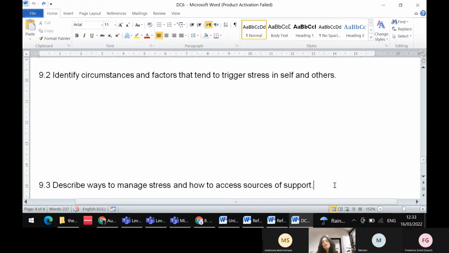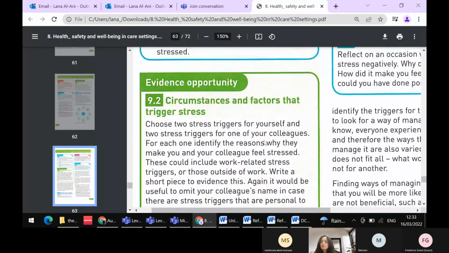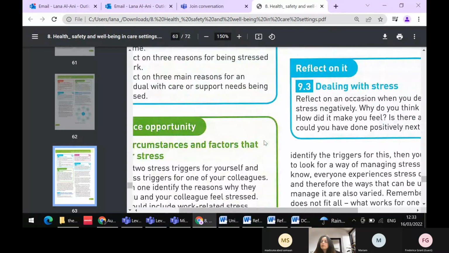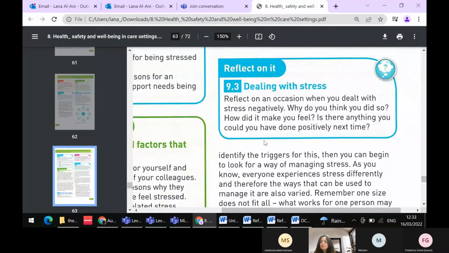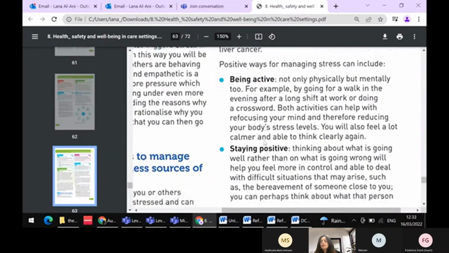How about describing ways to manage stress and how to access sources of support? How to manage stress. So if I go to 9.3, how to manage stress? For me, I'm a person just like you.